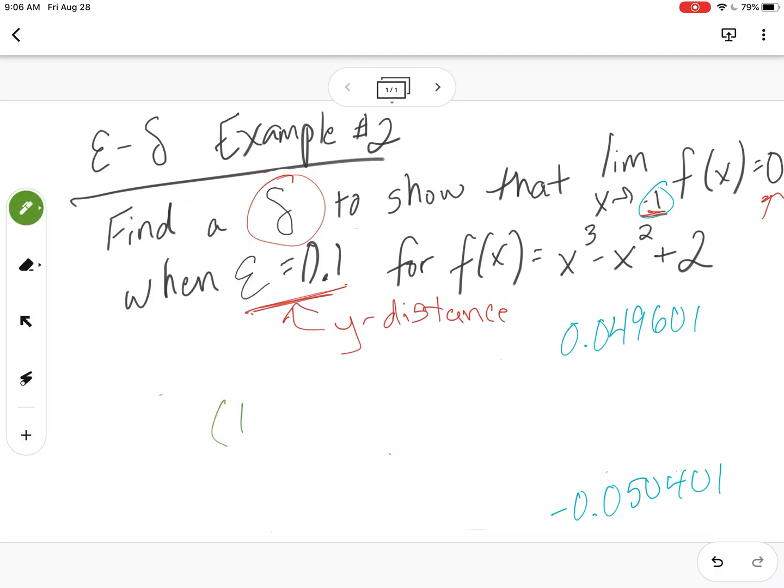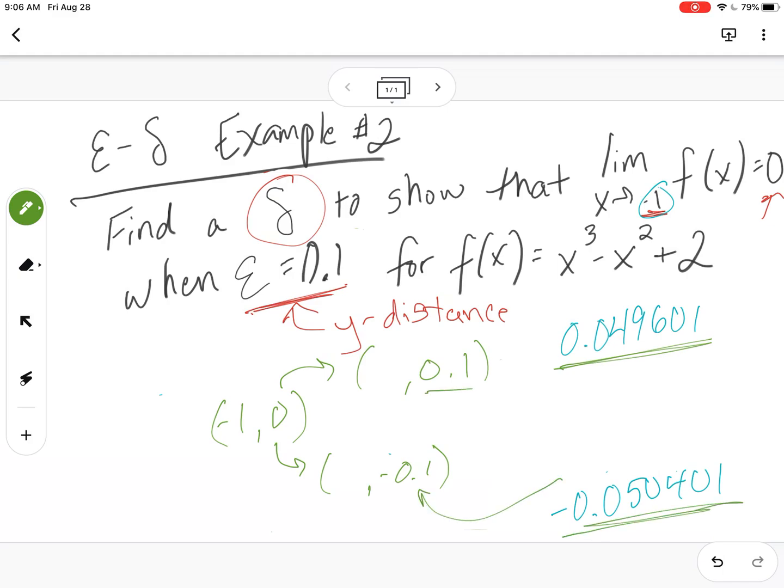My point was negative 1, 0, and I wanted to be within 0.1 away from it. And if you notice, this right here is indeed smaller than 0.1. And this right here is closer to 0 than negative 0.1. So these do work. So my delta value here we found was 0.01.